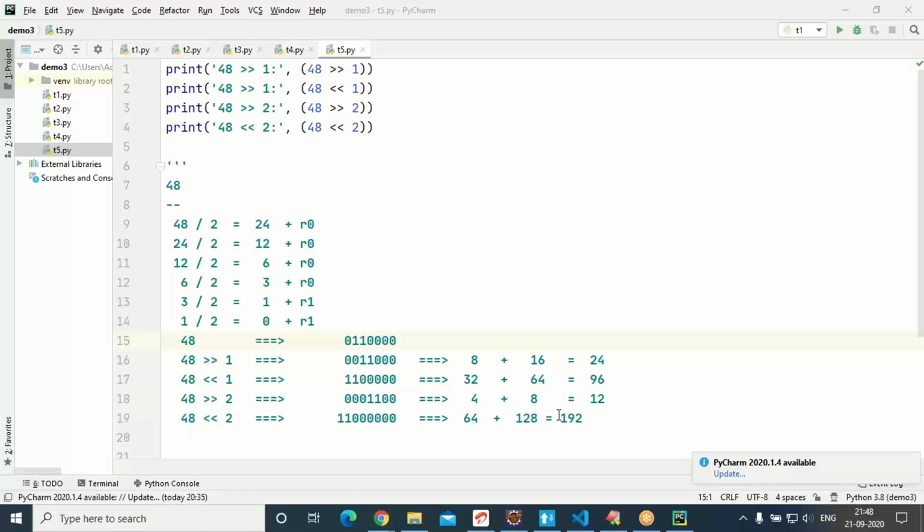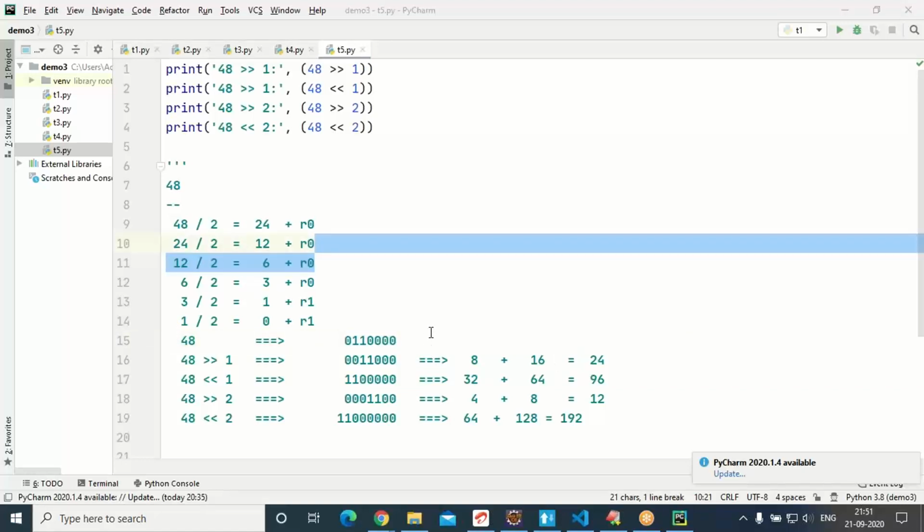Try understanding on your own. For 48, here is the binary representation. Right shift by 1, left shift by 1, right shift by 2, left shift by 2. Straightforward, anybody can understand.